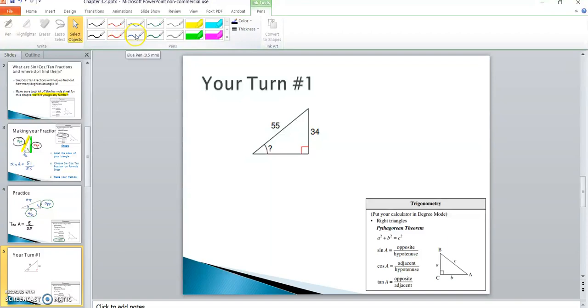Alright, now it's your turn. I would like you to complete the very first step on your own. So go ahead and pause the video and label your triangle hypotenuse, adjacent, opposite. Alright, so I'm going to draw an arrow through the right angle, and this is my hypotenuse.